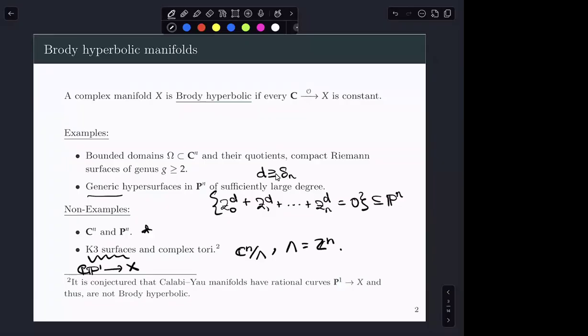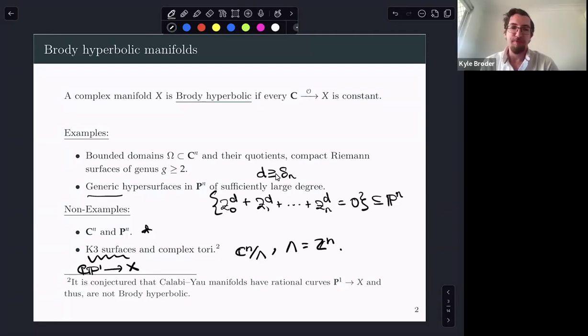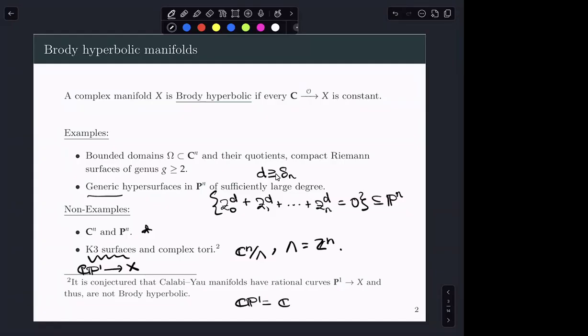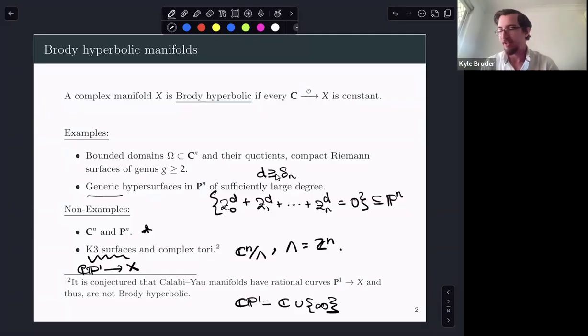Because you said the definition of Brody was for holomorphic maps from the plane. Yeah, so if I have a holomorphic mapping from CP1 into X, then I can restrict it, because CP1 is the compactification of C. Of course, thanks. So I can just restrict the rational curve and get an entire curve, or a holomorphic mapping from C. But very nice question, Ramiro. Thank you.